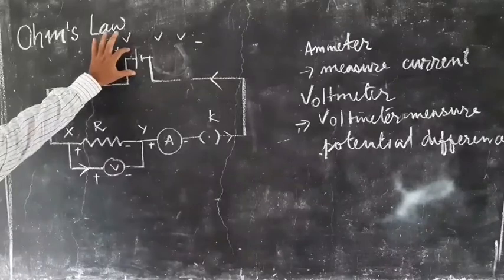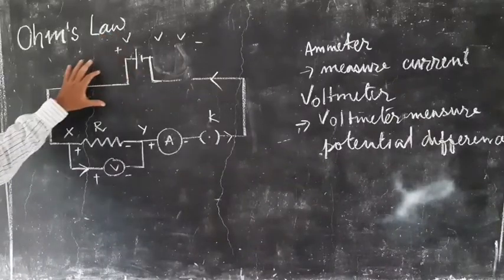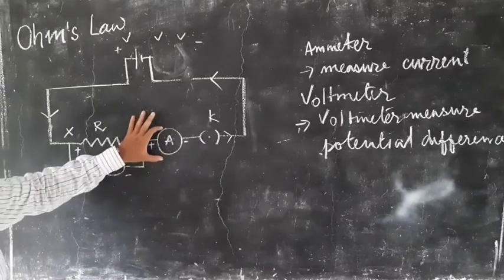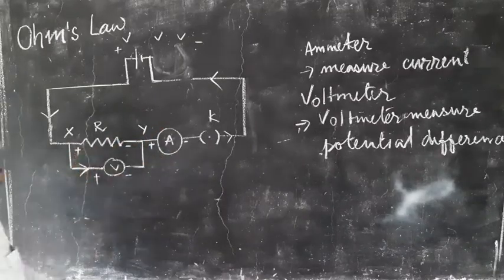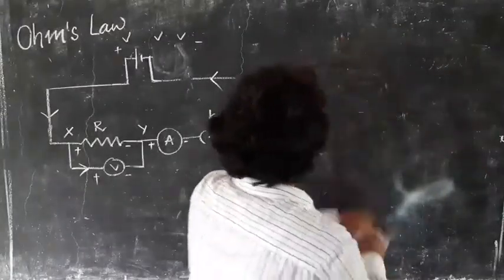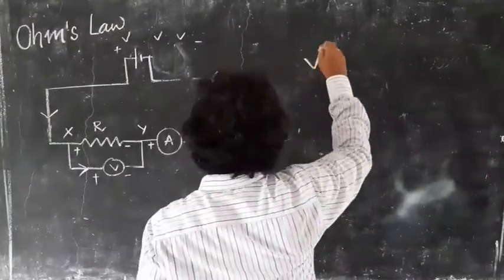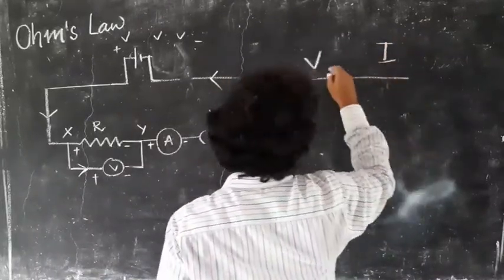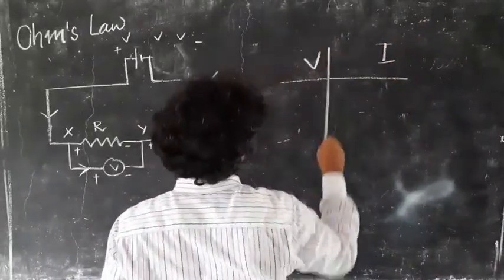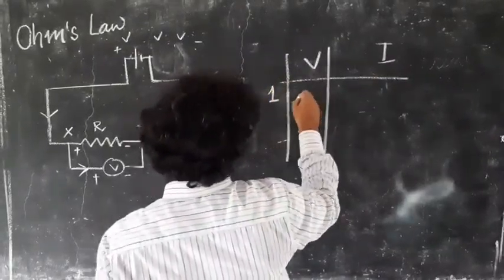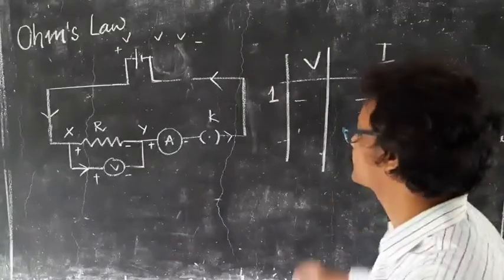When one battery is connected, some current will flow through this circuit, and there will be some potential difference. So make a table of V and I. First reading will be something.